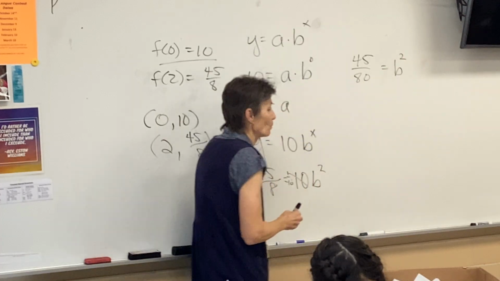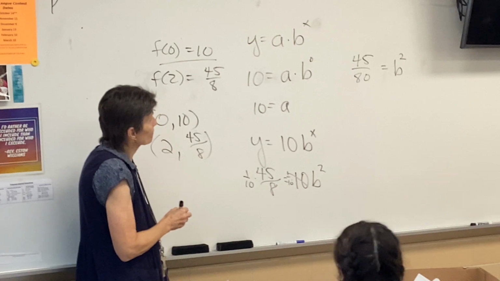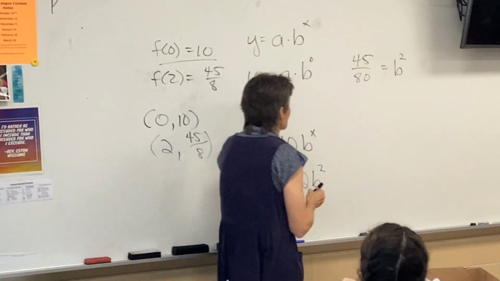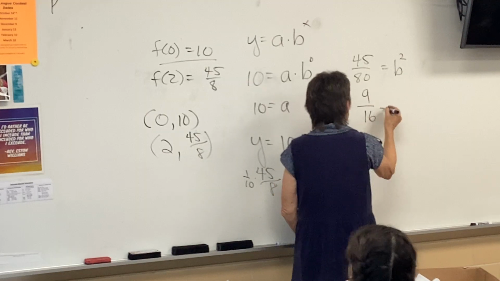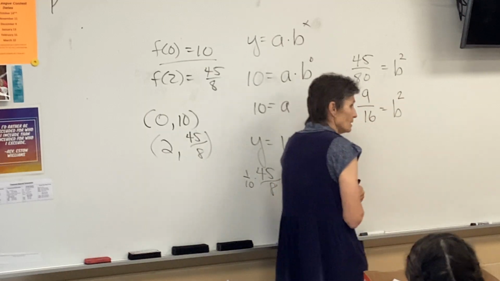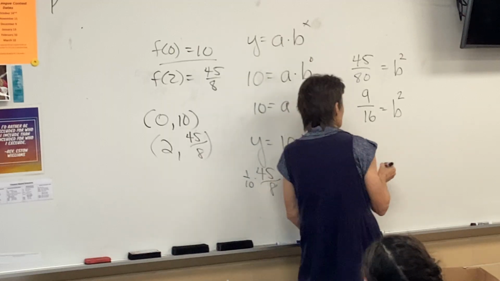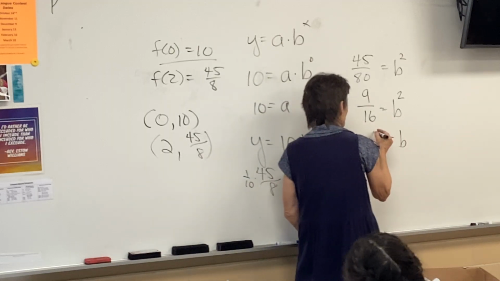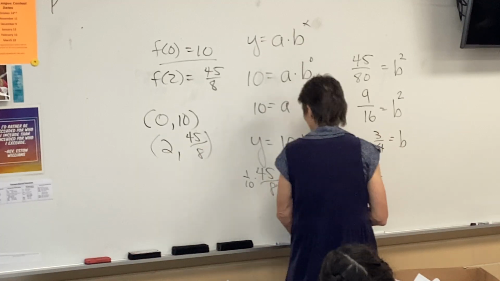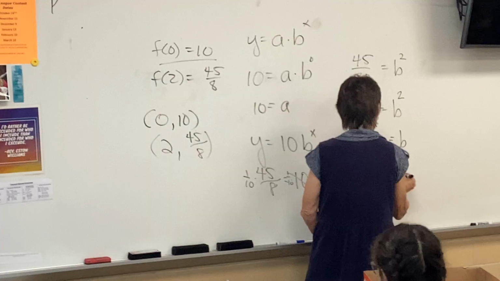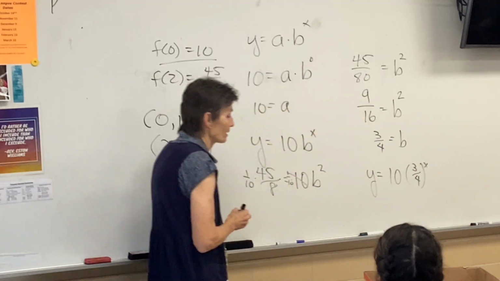Does that reduce? What does 45 over 80 reduce to? 9 over 16. Oh, how convenient is that? So if B squared is 9 over 16, then B must be 3 over 4. And your equation is Y equals 10 times 3/4 to the X power.